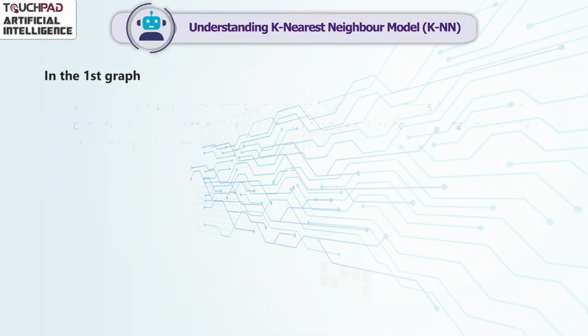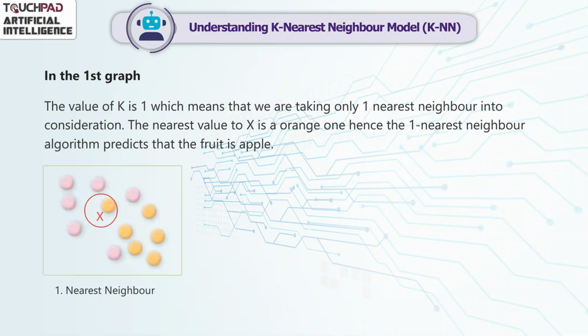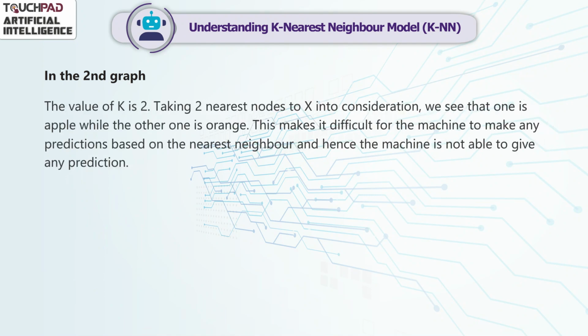In the first graph, the value of k is 1, which means that we are taking only one nearest neighbor into consideration. The nearest value to x is an apple, and hence the 1 nearest neighbor algorithm predicts that the fruit is apple. In the second graph, the value of k is 2. Taking 2 nearest nodes to x into consideration, we see that one is apple while the other one is orange.